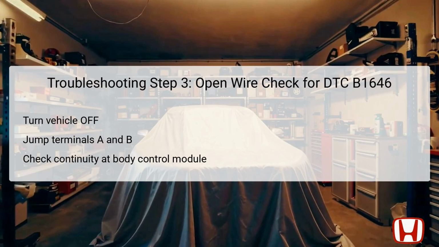The third step involves checking for an open wire in the EXT FRDR Plus and EXT FRDR minus lines. Commence by setting the vehicle to the off lock mode once again. Utilize a jumper wire to connect terminals A and B, specifically female terminals number 2 and number 6 of the driver's door outer handle 8P connector.